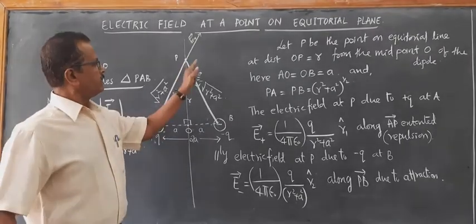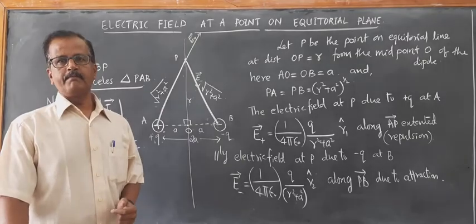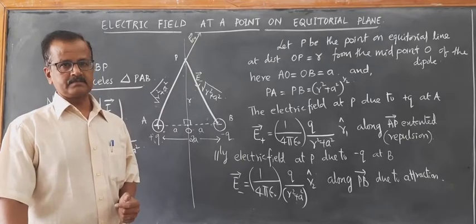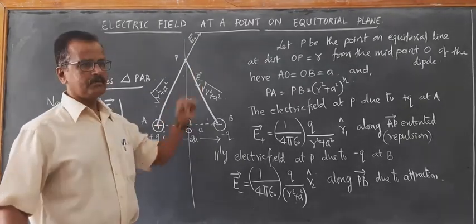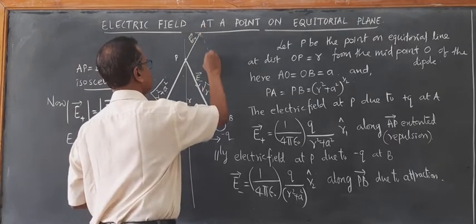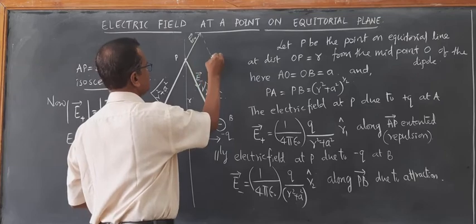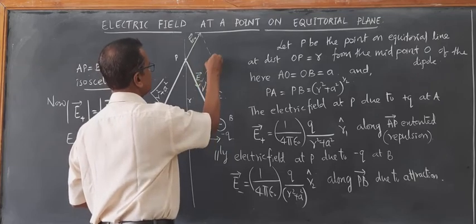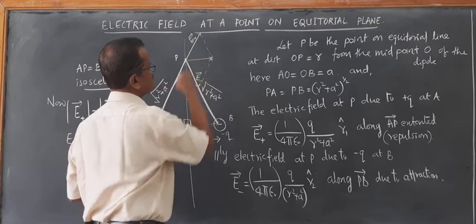One is the method of parallelogram law of vectors. If you draw a parallelogram by drawing parallel vectors and joining the diagonal, you will get the resultant.